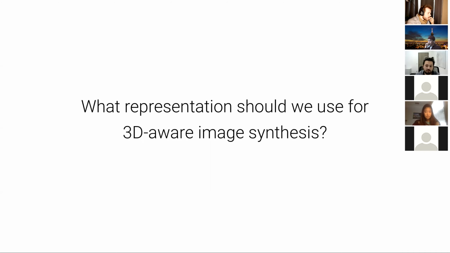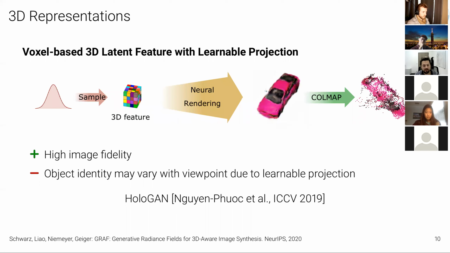In the first project, we analyzed what representation we should use for 3D-aware image synthesis. There have been a few works on this, and a very popular, very cool approach is called HoloGAN. It was presented at ICCV 2019.